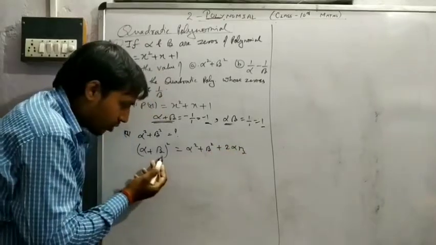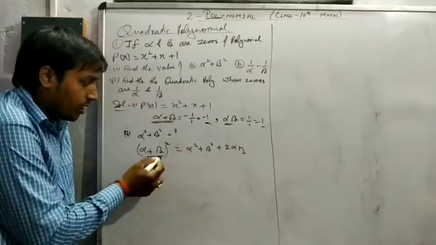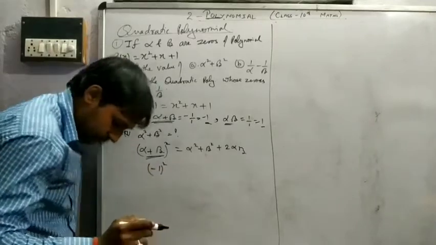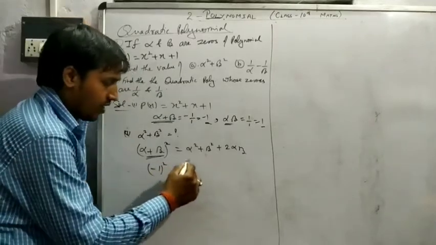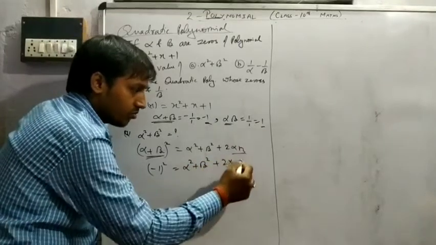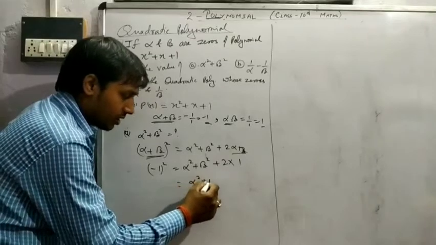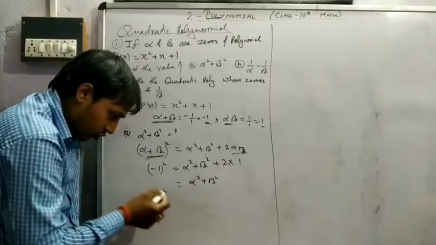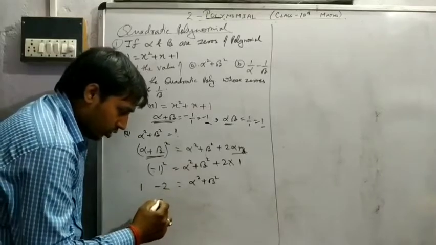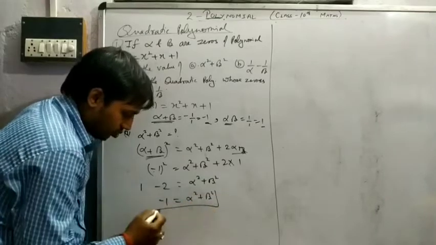Same as a plus b whole square equals a square plus b square plus 2ab. So alpha plus beta is minus 1, squared. Alpha square plus beta square, plus 2 into alpha beta, which is 1. Sending 2 to the opposite side, it is 1 minus 2. So minus 1 is the value of alpha square plus beta square.